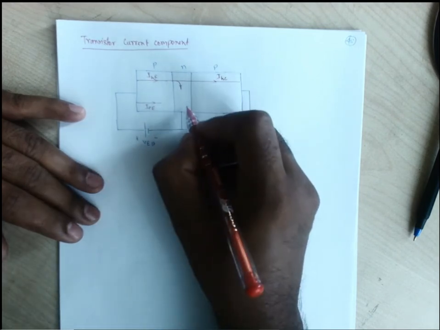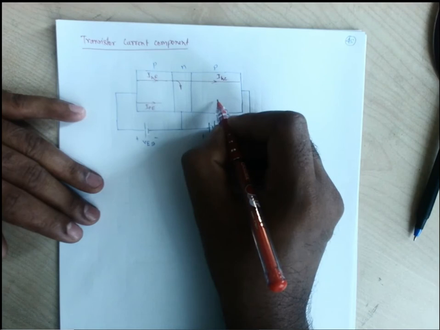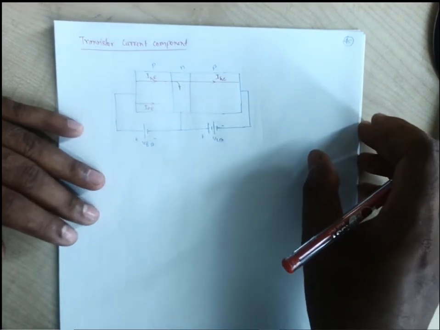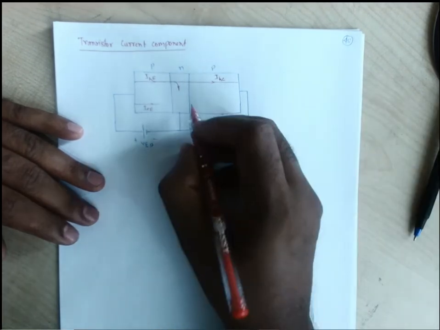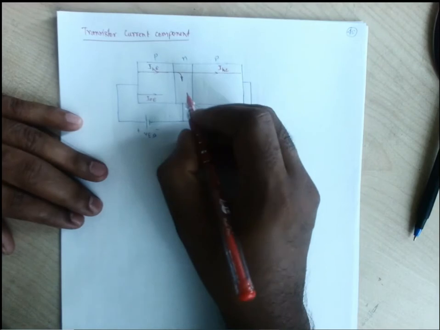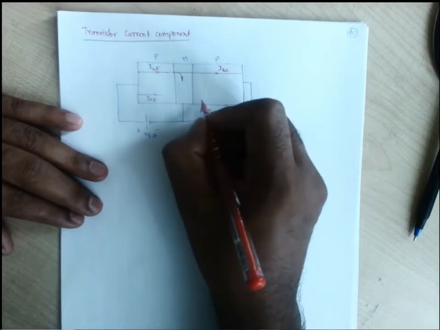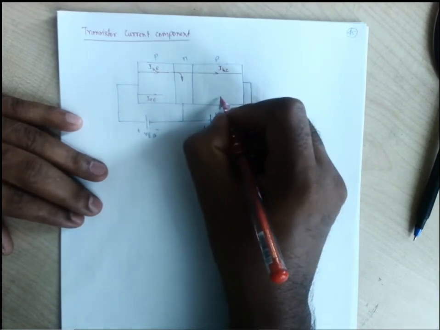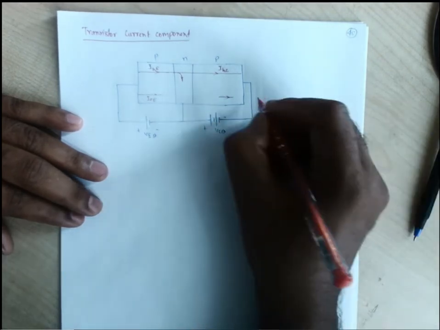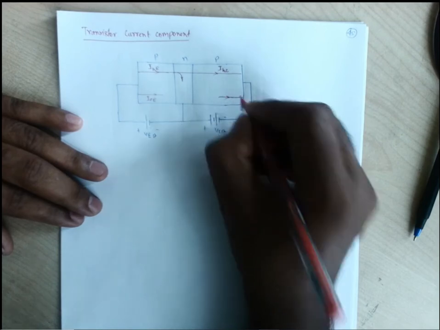So the holes will move into the P region and the electrons will move into the N region, because that is the fruitful situation for them, as the minority charge carriers find forward bias. So we can say a total amount of current is observed due to the minority charge carriers in this collector region.